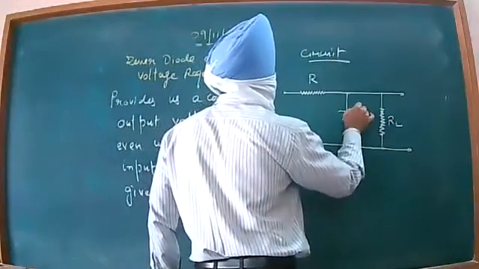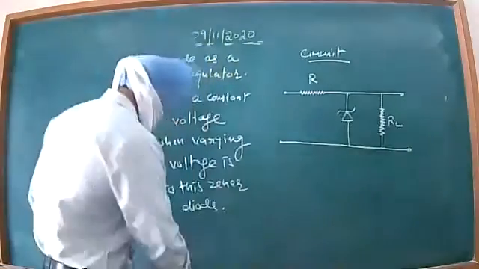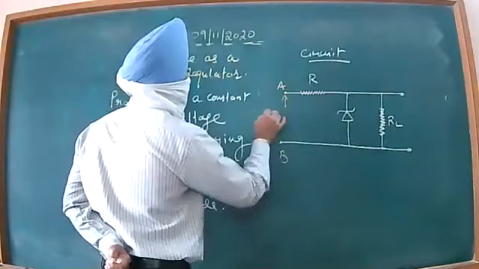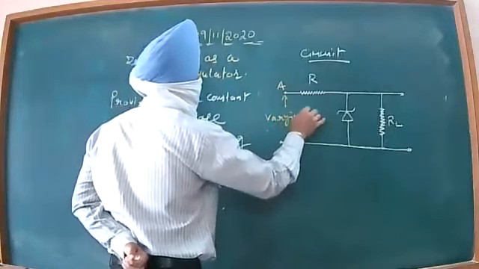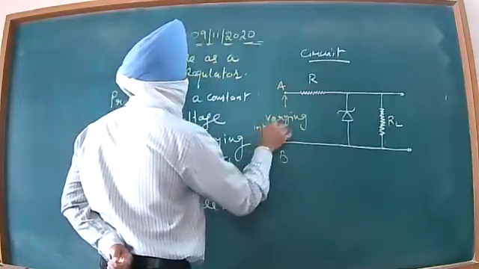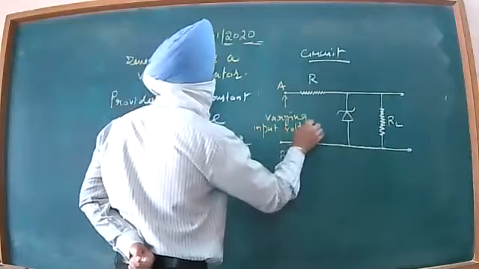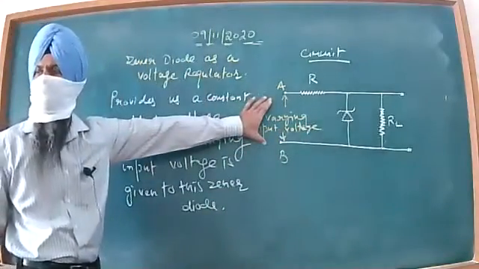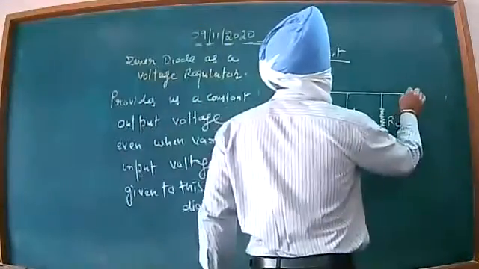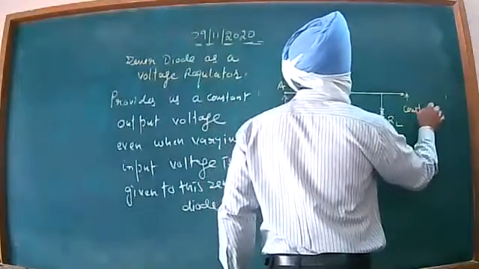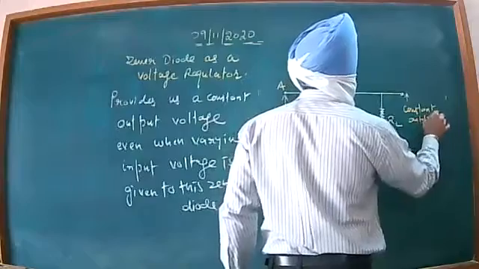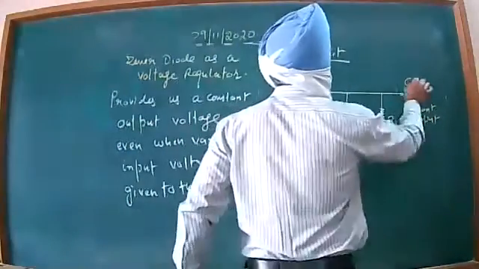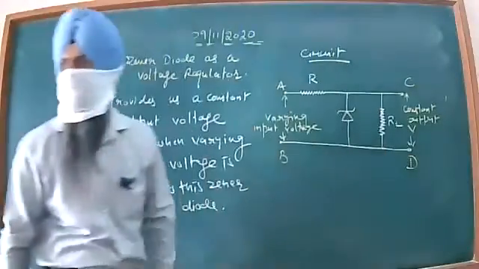This is your Zener diode. Across these two terminals, A and B, a varying input voltage is supplied, beta. And here we take a constant output voltage. This is the output which we consider across these two points C and D, beta.